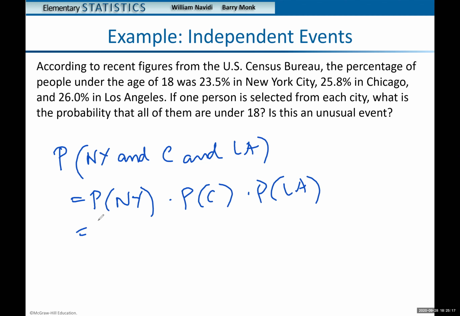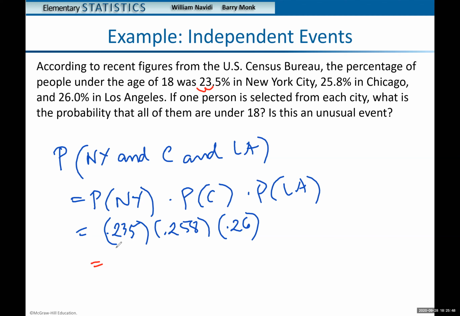So New York, 23.5%. Don't forget to change it in decimals. So 0.235. All you have to do is move the decimal 2 places to the left. So that's why it's 0.235 times Chicago 25.8, so that's 0.258, and LA 26%, so that is 0.26.